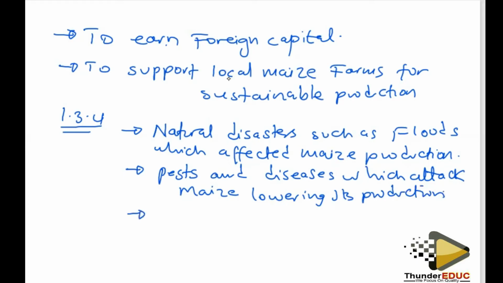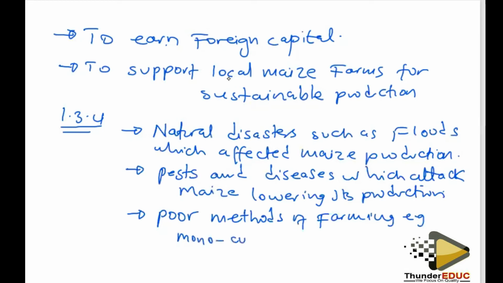Number 3, talk about poor methods of farming, e.g. monoculture, which affects soil quality, because we know if farmers do not do crop rotations, the single or the only crop that they keep on planting, because monoculture means planting one type of a crop season after season.